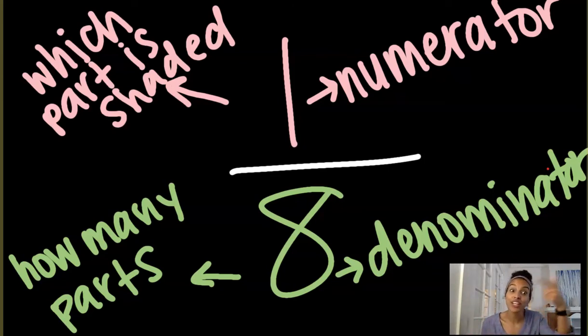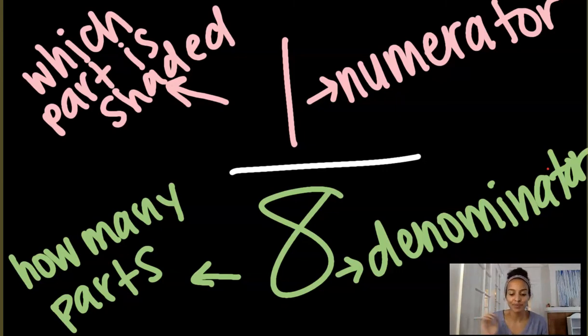The numerator, or the top number, tells us which part of the whole is shaded. The denominator tells us how many parts are in the whole in the first place. In other words, it tells us how many parts to split the whole shape or number line into.